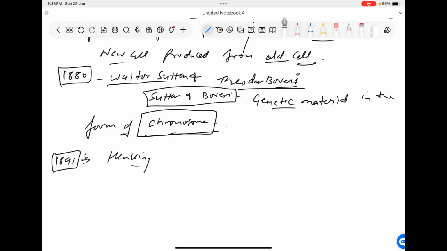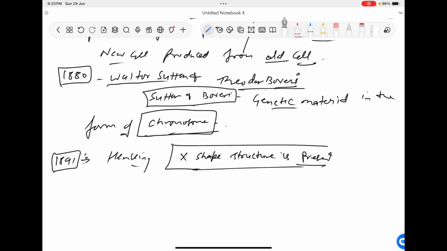Later on, this X body was named the chromosome. So this is some information about the discovery of the cell. Later on, we will describe the types of cells.